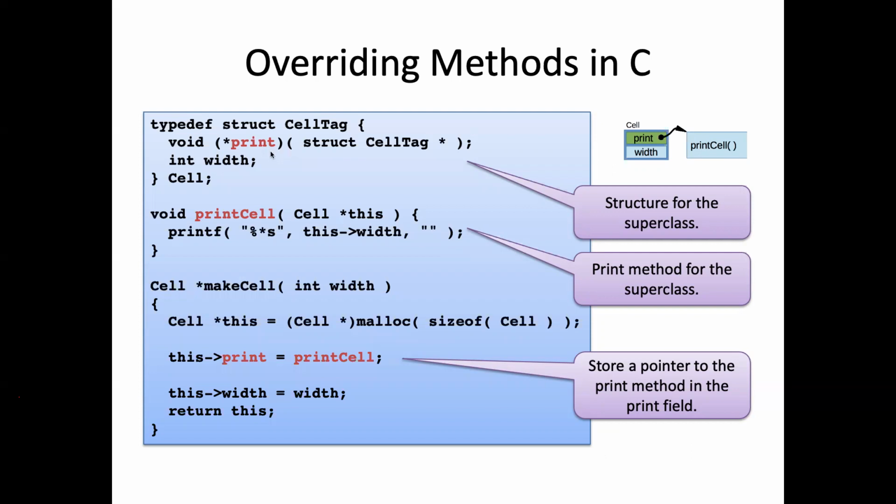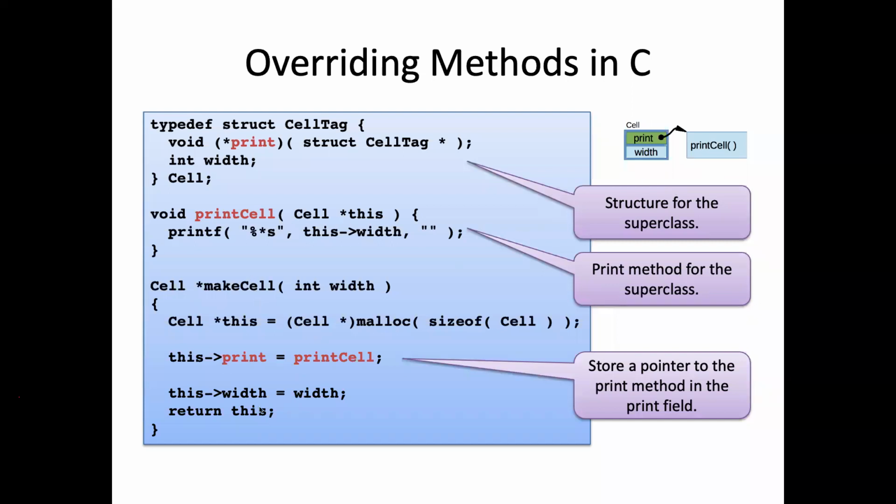Print is a field, but its type is a pointer to a function that takes a pointer to a cell, so whatever cell you want to print, and returns nothing. I have a picture over here that's just like the picture on the previous slide. So now every cell carries around its width field and a pointer to a function for printing that cell.